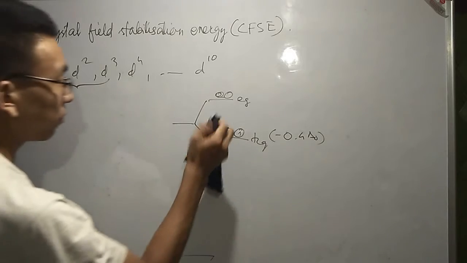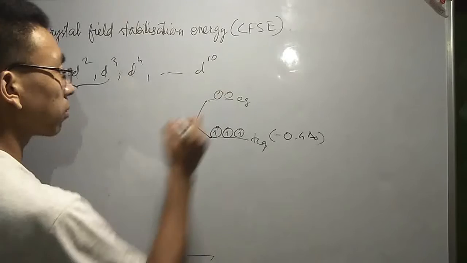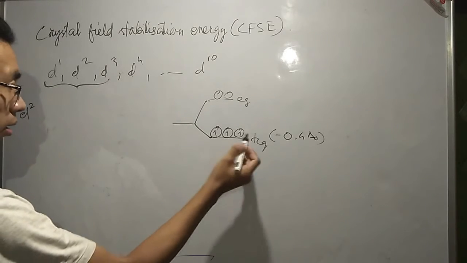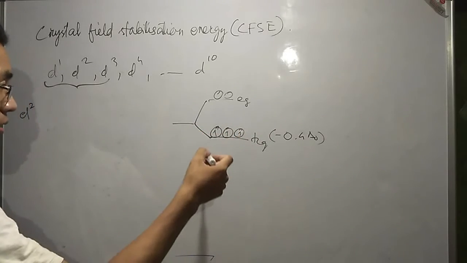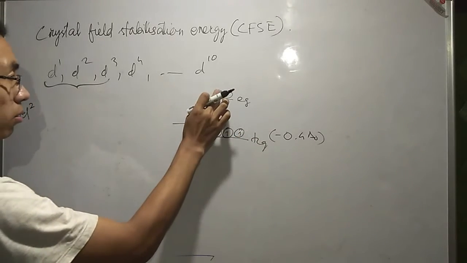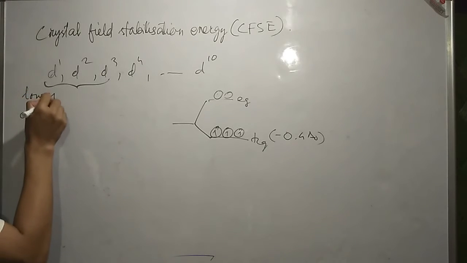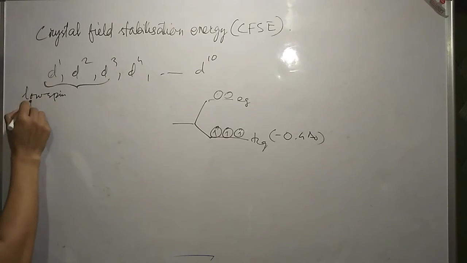For d4 configuration, there are two chances: either all the 4 electrons will be in the T2g set, or they can also be filled in the Eg set of orbitals. So here low spin complex and high spin complex come into play. So this is d4.